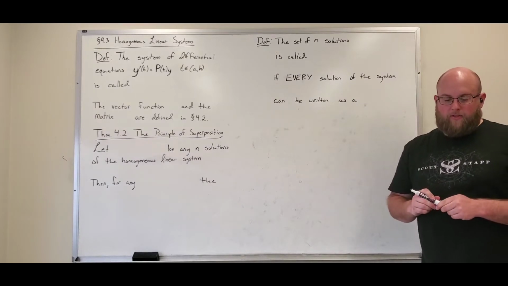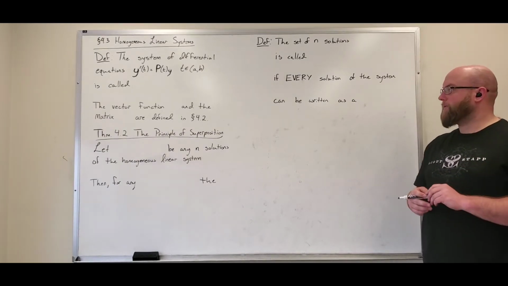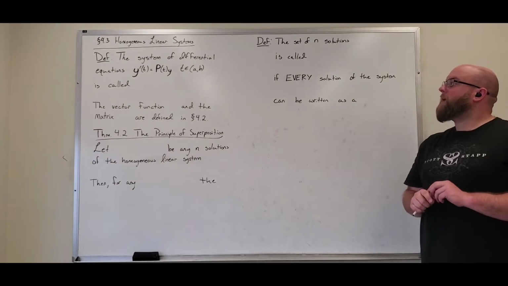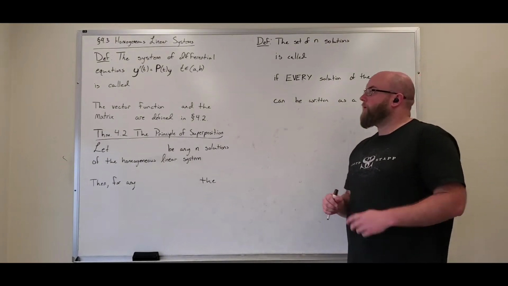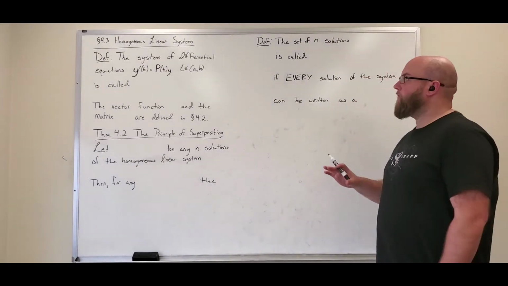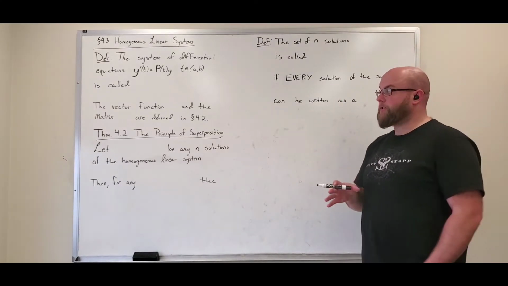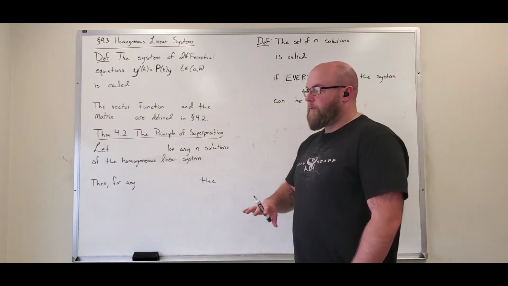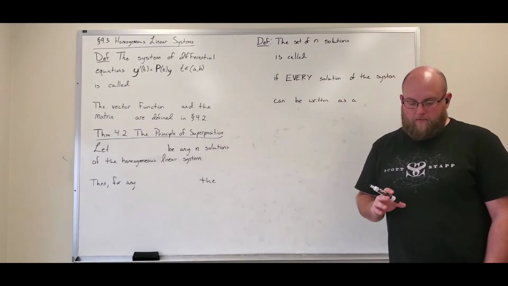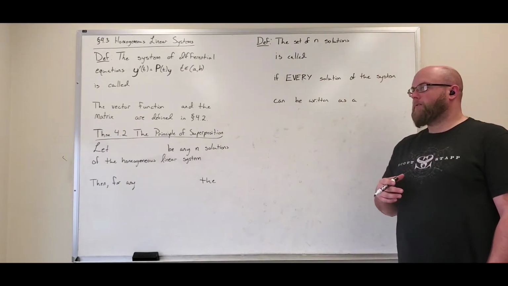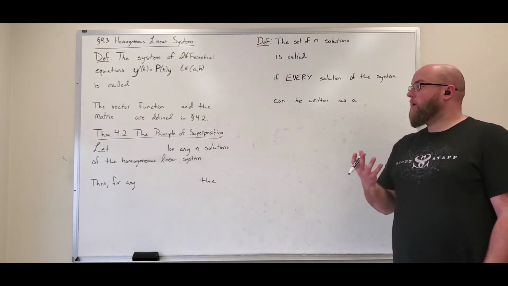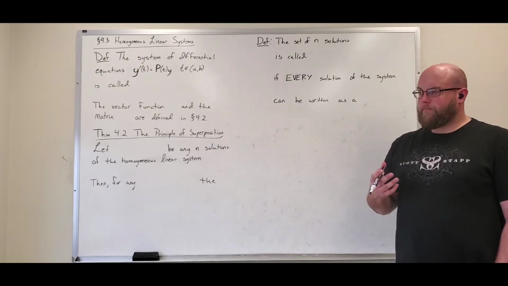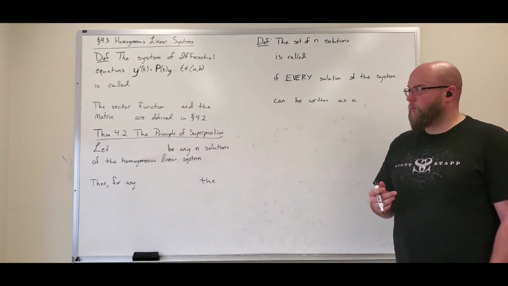And then develop methods for solving non-homogeneous systems when we get into that. So for this particular one, we're just going to look at the very beginnings of what a homogeneous linear system is, get into a couple of principles and theorems that pop up out of this, and also some matrix identities that pop up as well.